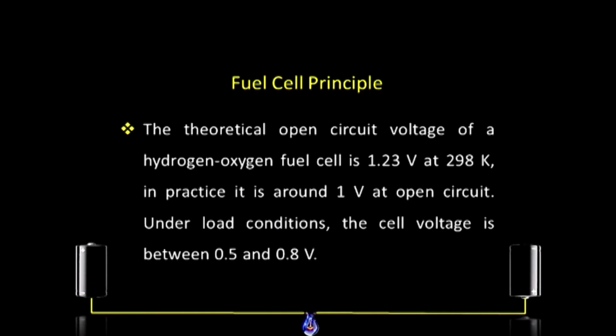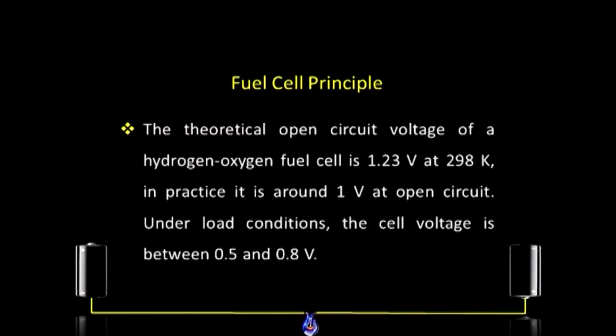The theoretical open circuit voltage of a hydrogen oxygen fuel cell is 1.23 volts at 298 Kelvin, but in actual practice it is around 1 volt at open circuit, and under load conditions the cell voltage decreases to 0.5 to 0.8 volts.